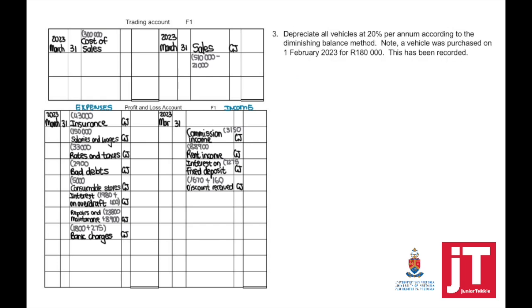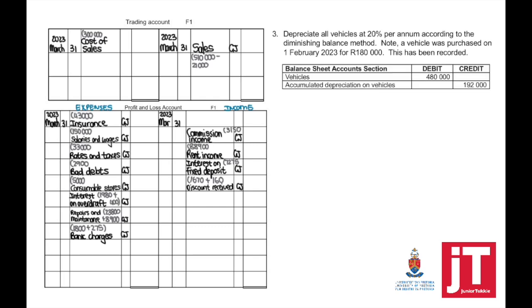Adjustment number 3. Depreciate all vehicles at 20% per annum according to the diminishing balance method. Note, a vehicle was purchased on 1 February 2023 for 180,000. This has been recorded. Please make sure that when you're looking at calculating depreciation, always start with the movement.